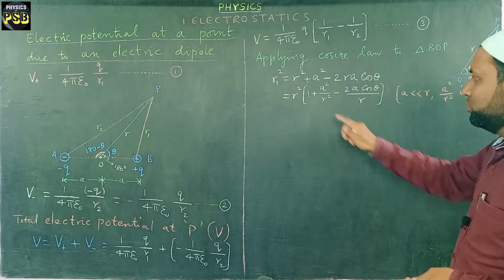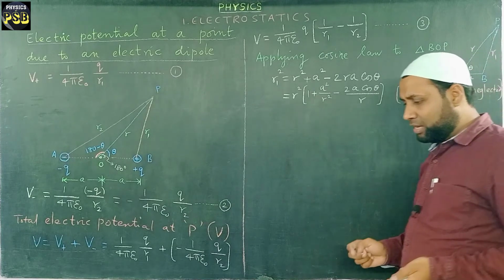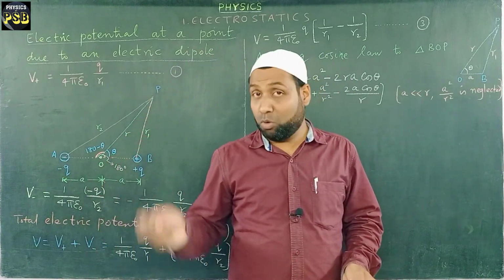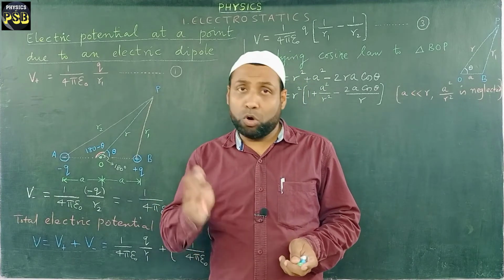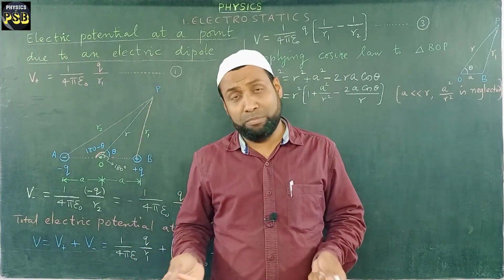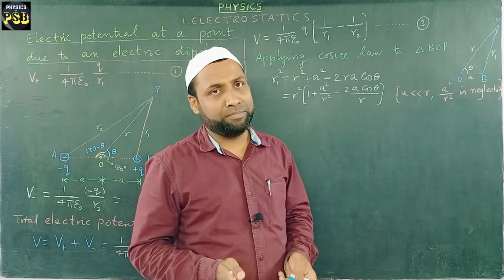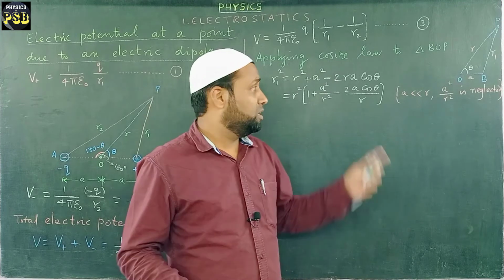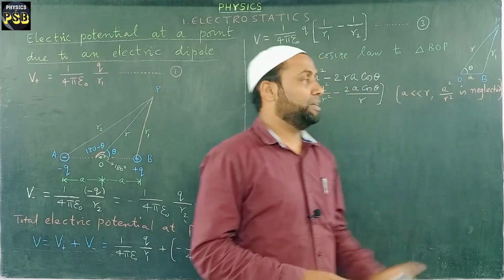Adding it to this part will not make a big difference. It is something like adding 1 glass of water to the water present in the ocean. Saying the volume of water in the ocean plus 1 glass of water is completely meaningless. So a square upon r square is a very small value, and it is neglected.